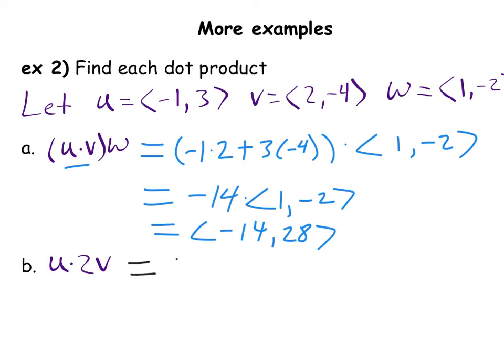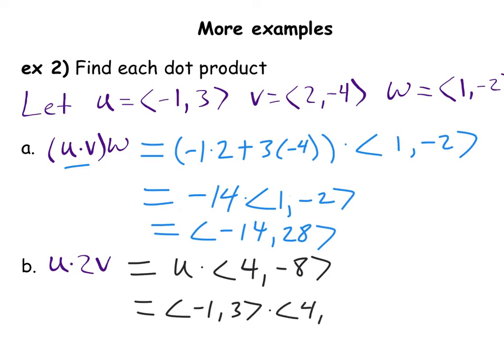All right, so here we'll do u dot, let's get 2v. That's just scalar multiplication there. So I take both components of v and I doubled them. Okay, now we do have a dot product. This is going to be negative 1, 3, there's vector u, dot 4, negative 8.